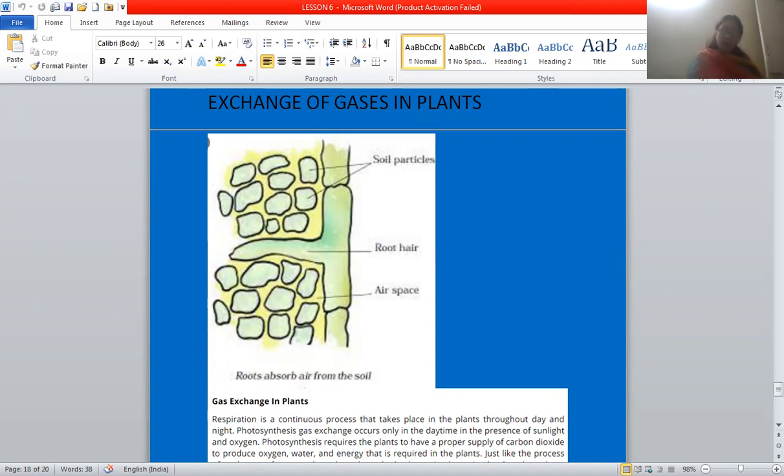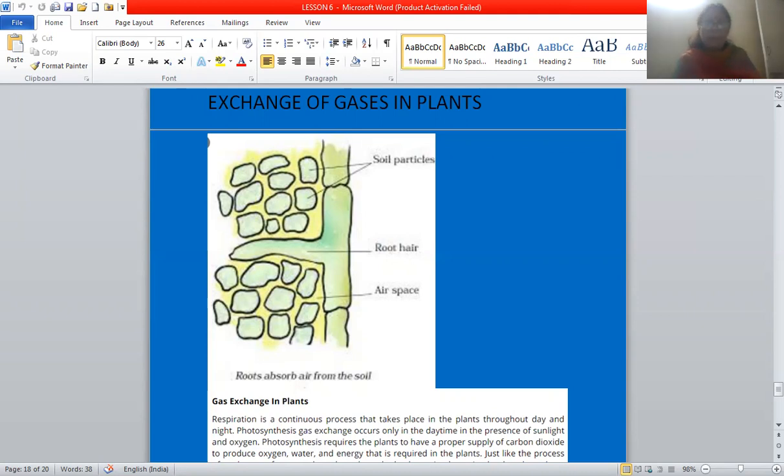There is little transport of gases from one part of the plant to the other, and the rate of respiration in plants is much slower as compared to animals.